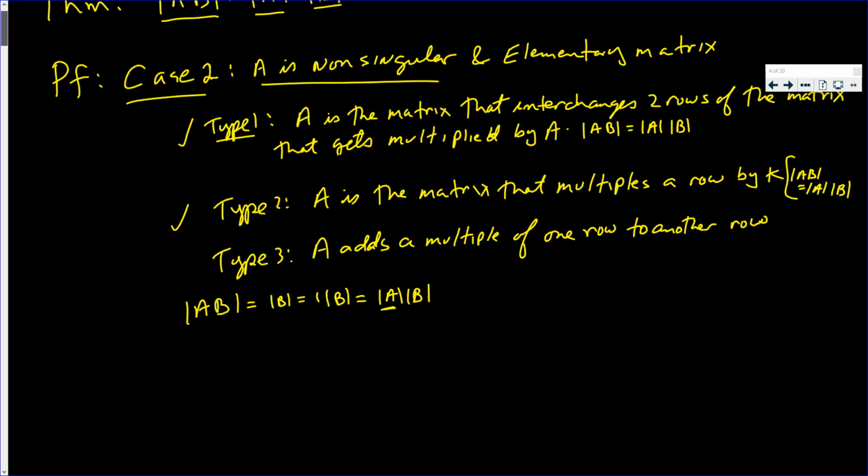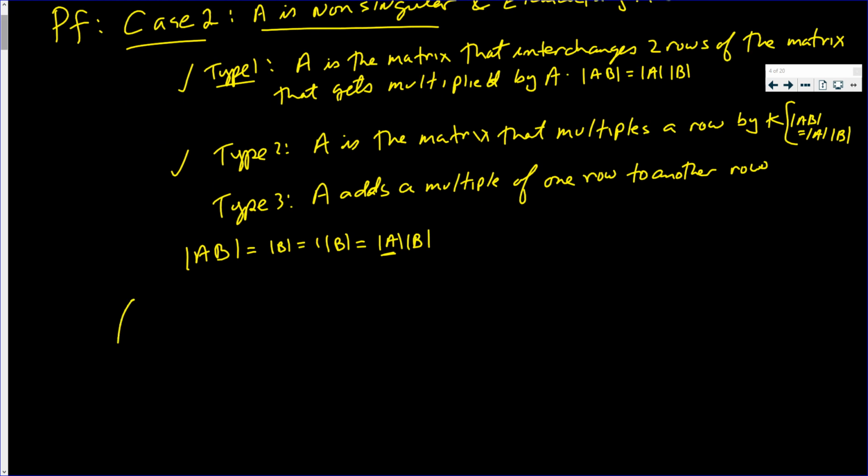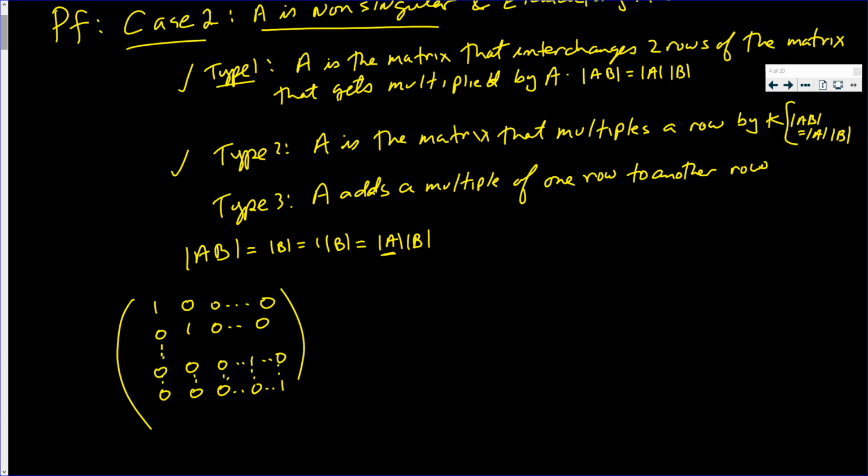Well, what type of matrix is this? It's always the identity matrix where one of the entries, one of the zeros, has been changed. Maybe it's 7.